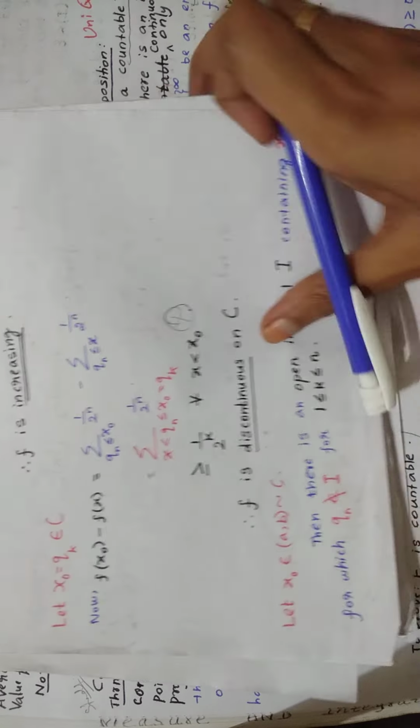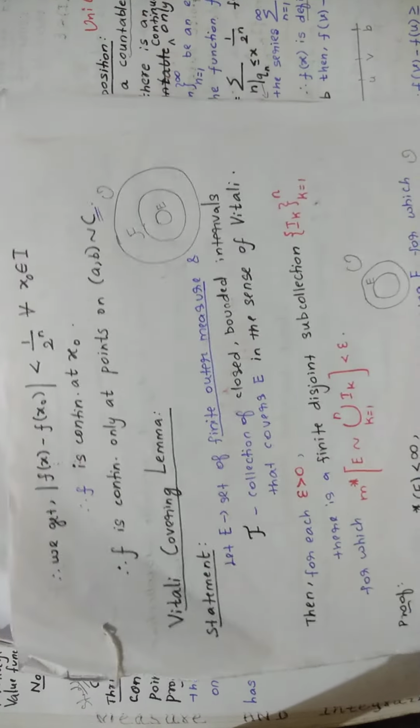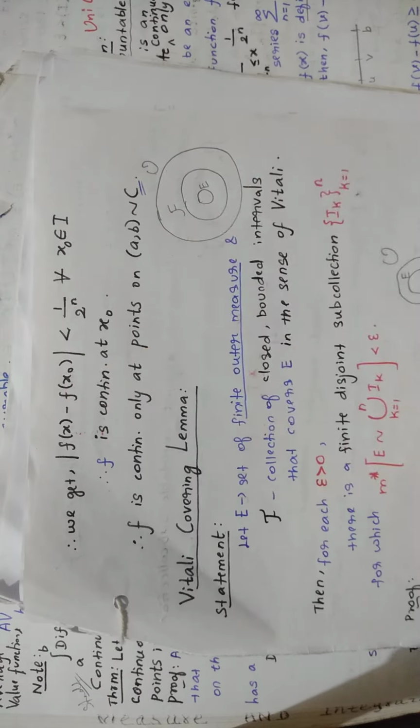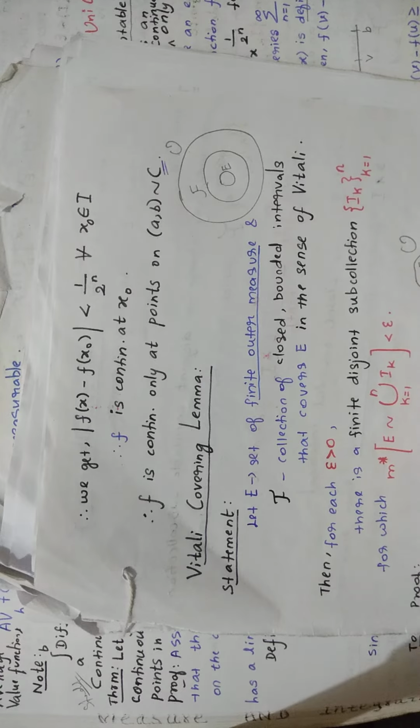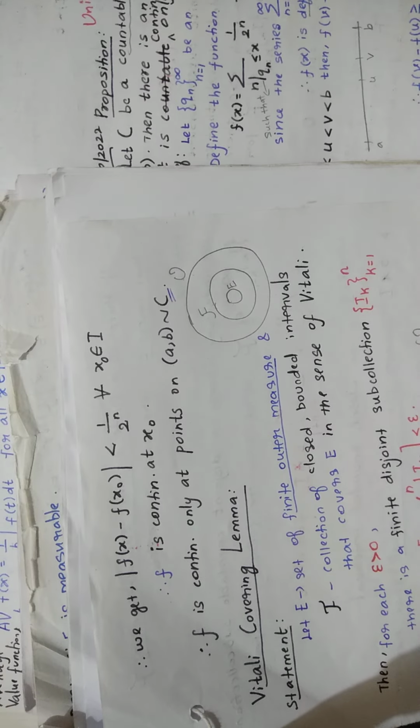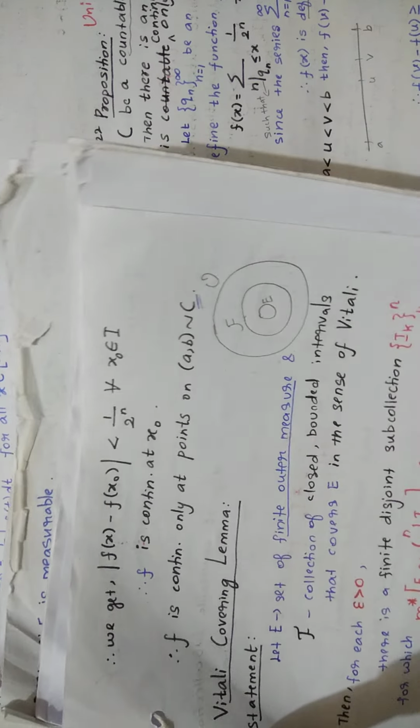So now we get from this, we get mod f of x minus f of x naught less than 1 by 2 power n. And if there is a detailed explanation, from 1 we get, there is 1.